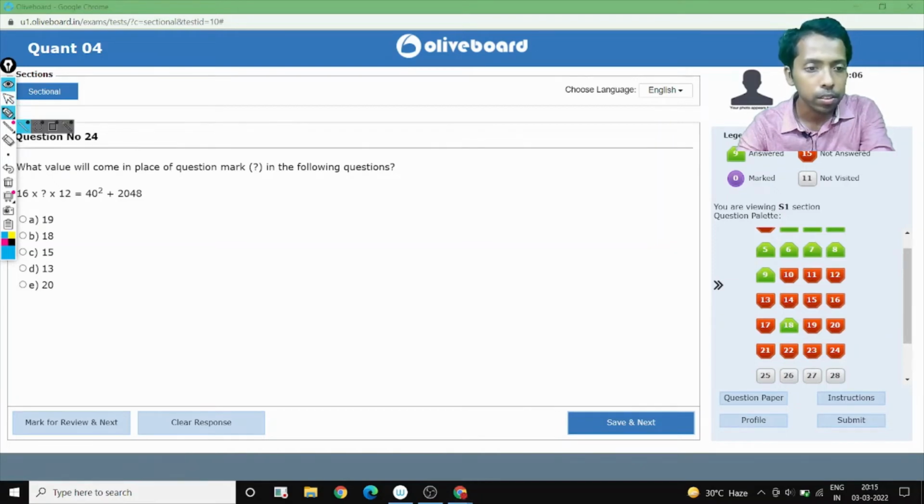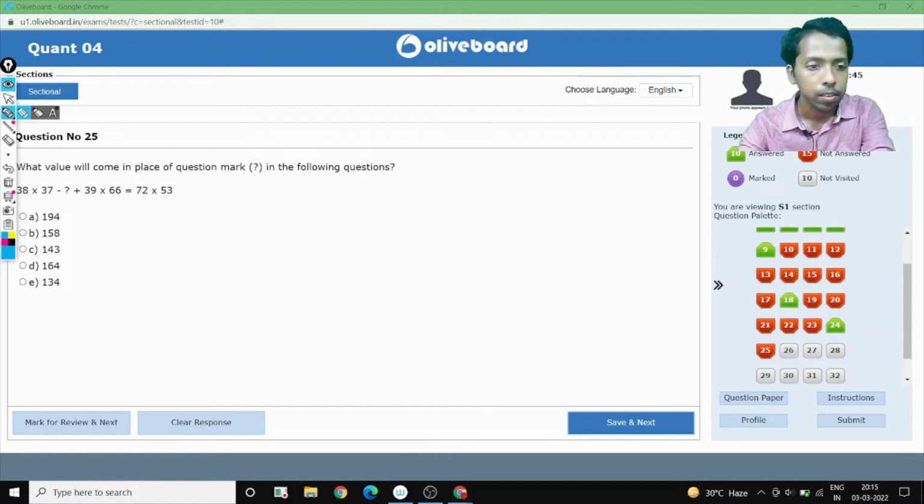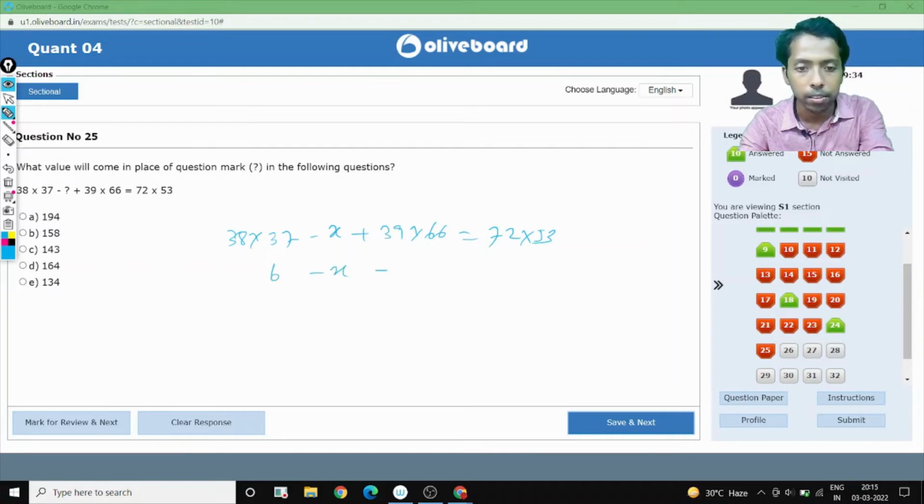Okay, simplification is there. So 16 into x into 12 equals 1600 2048. So 3648 divided by 12, 304, 16, 1618, right? So this is 18, right? 38 37 minus x plus 39 66 72 53. Check the unit place, that is 6 here, minus x plus 4 is 6, 6 gone, so x is 4.